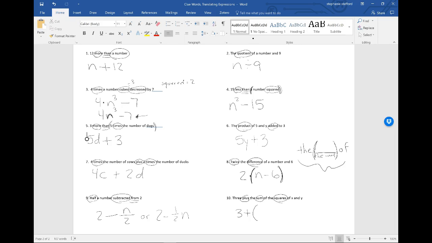So the sum of the squares of x and y, so that's x squared plus y squared. So x has to be squared and y has to be squared because it says the squares of, plural, so both of them.